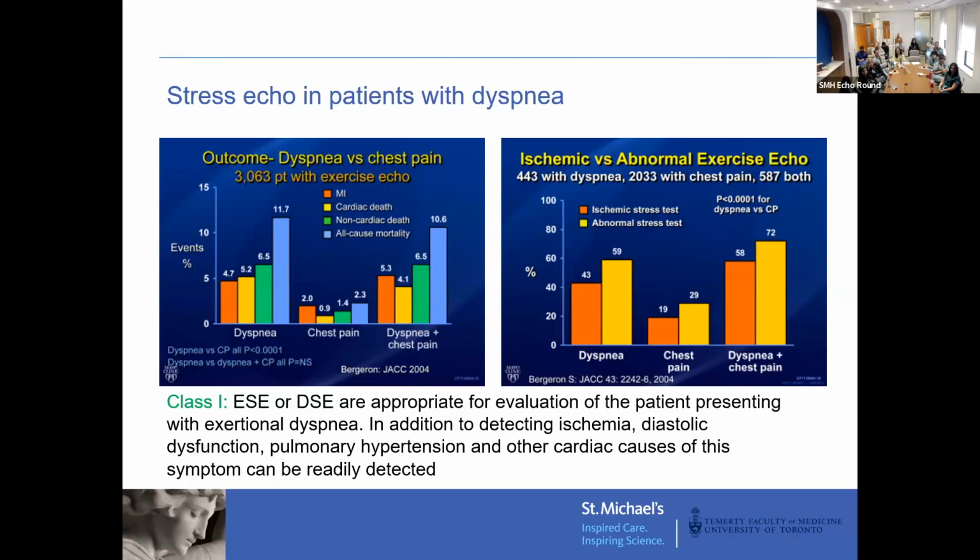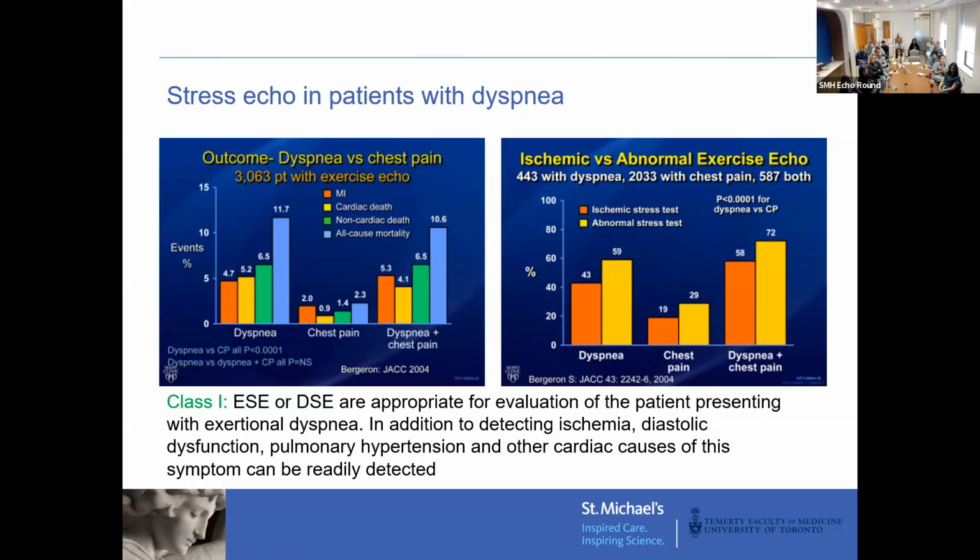Okay, moving along. A quick comment about stress echo in patients with dyspnea as their primary reason for being referred to us. A couple of interesting studies found that patients referred for dyspnea who undergo a stress echo actually have worse outcomes than patients referred specifically for chest pain.